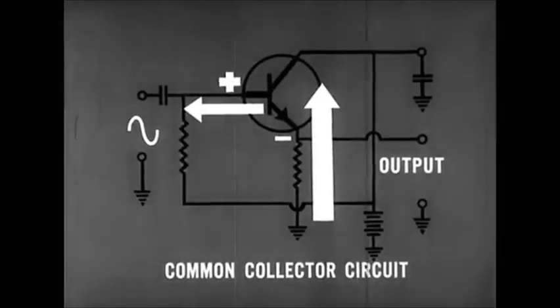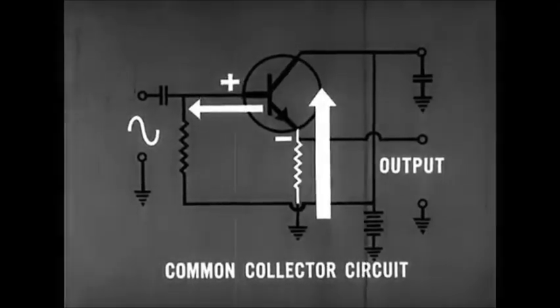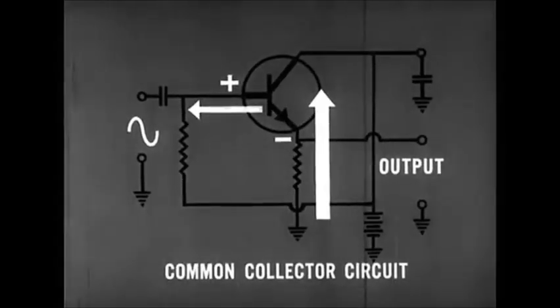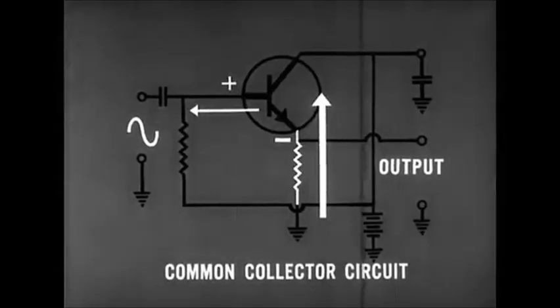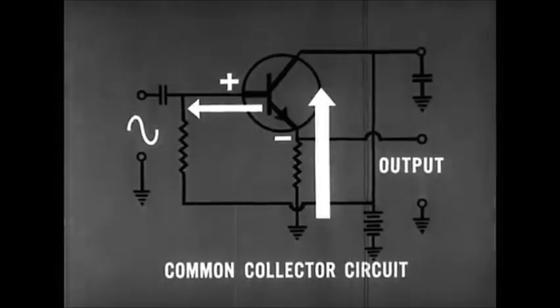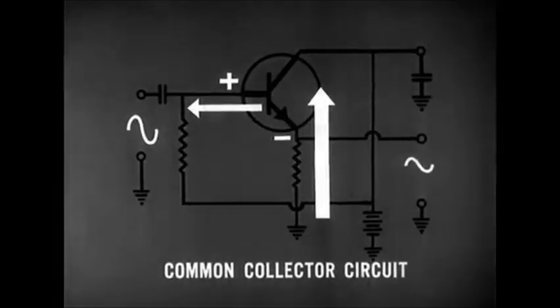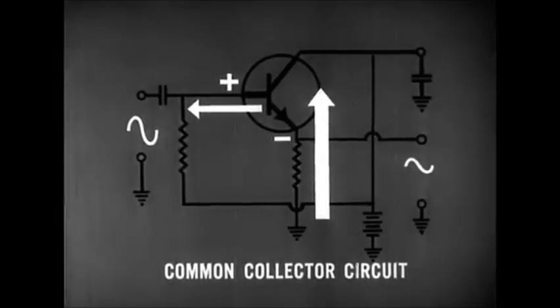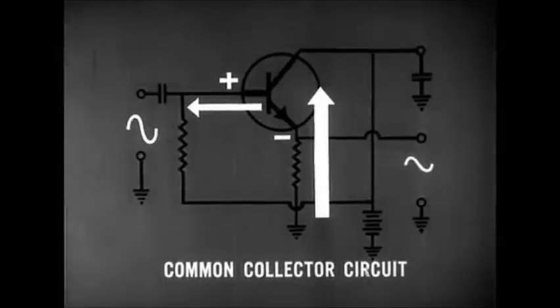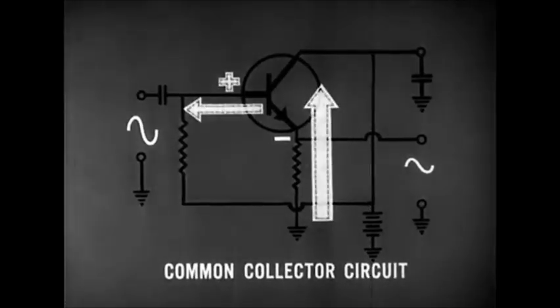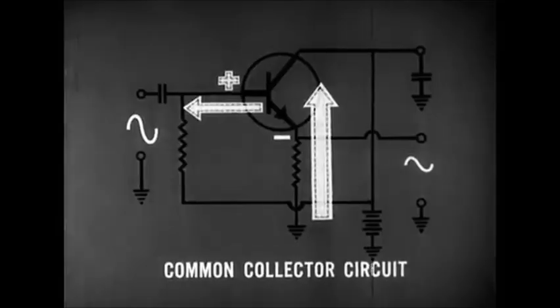The voltage variations developed across the emitter resistor are therefore also in step with the changes in the forward bias. Note that the output signal is in phase with the input signal and that there is no voltage amplification. Because emitter current variations are many times larger than base current variations, there is current and power amplification.